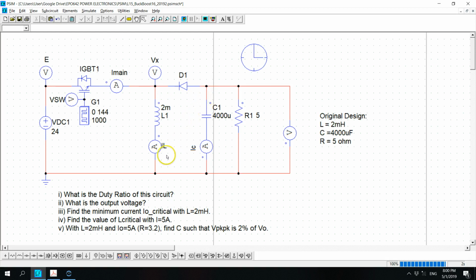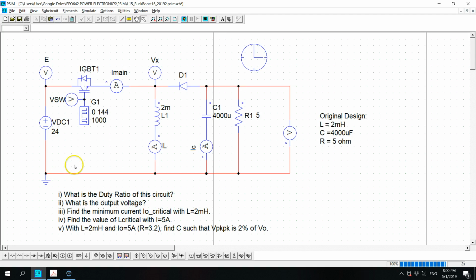I will give you about 1 or 2 minutes. Can you calculate the duty ratio of this circuit? Let me give you a few minutes to determine the duty ratio of this circuit.